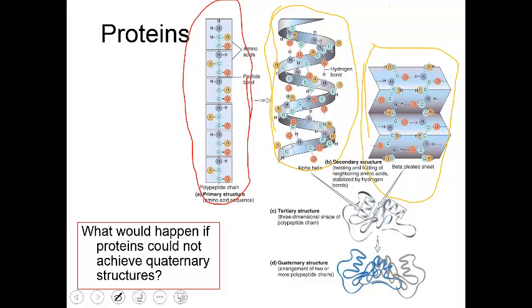So at this point you have a three-dimensional protein, and that is referred to as its tertiary structure. Now you can have different tertiary structures, so different three-dimensional blobs, if I must, come together to form a bigger three-dimensional chunk. And that bigger three-dimensional chunk is called its quaternary structure.